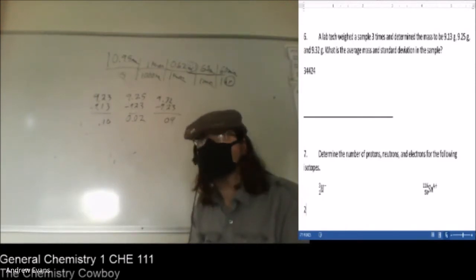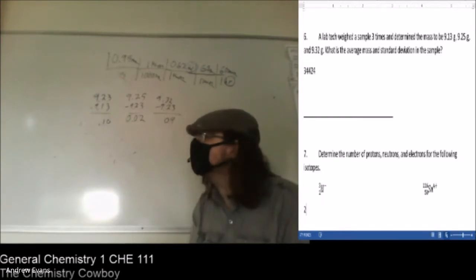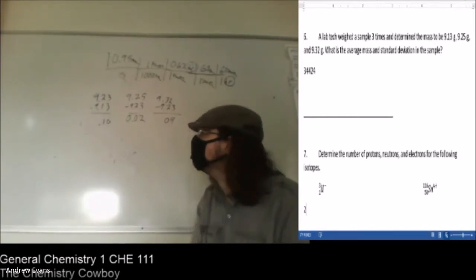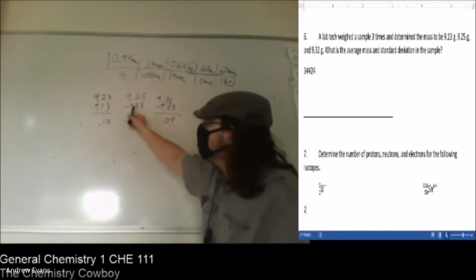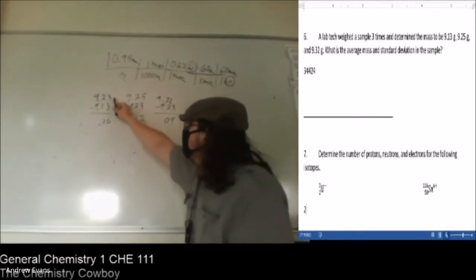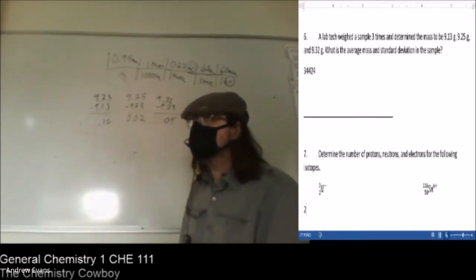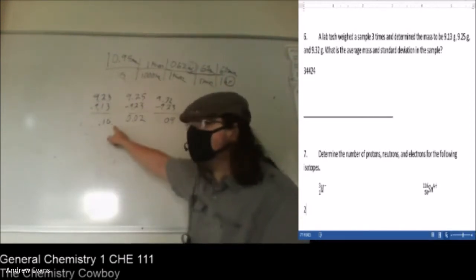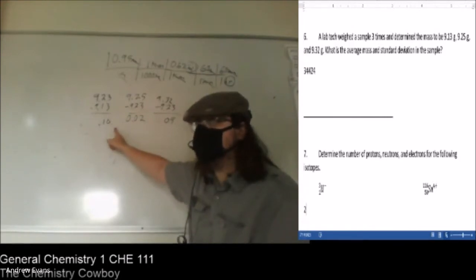You had a question? Okay, so all of those added up and divided by 3. Okay, so you're always taking the absolute value of the difference. So I don't want a negative 10, I want a positive 10.